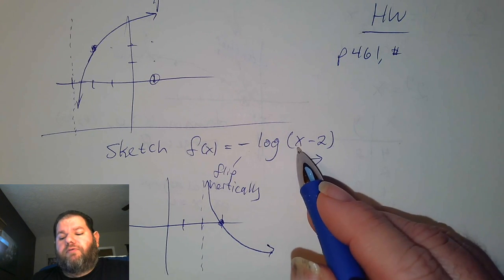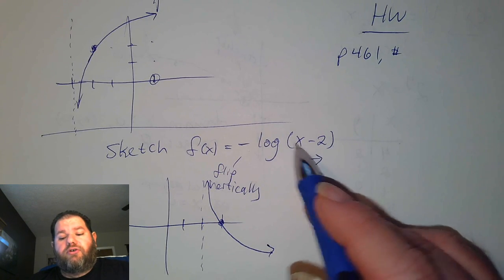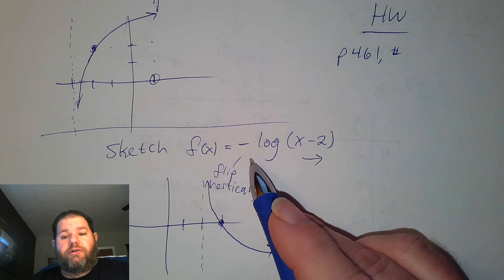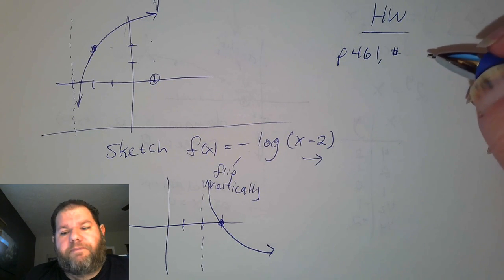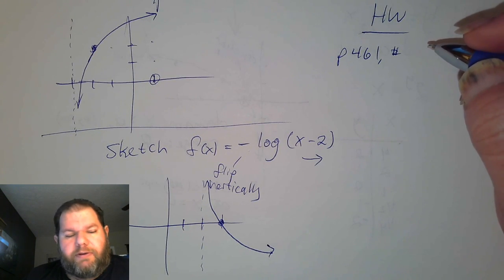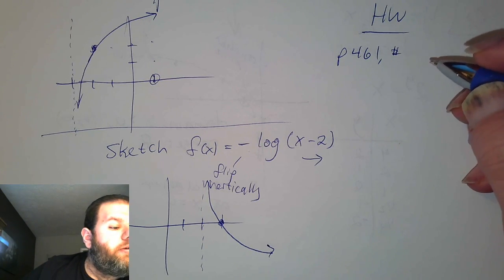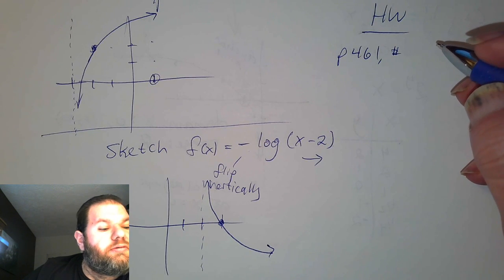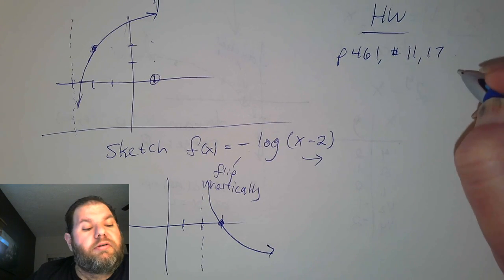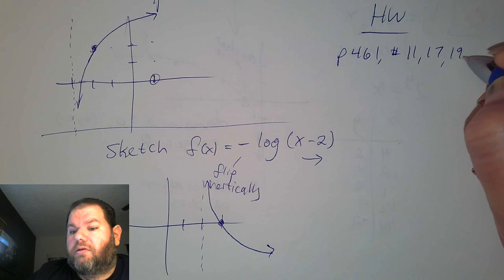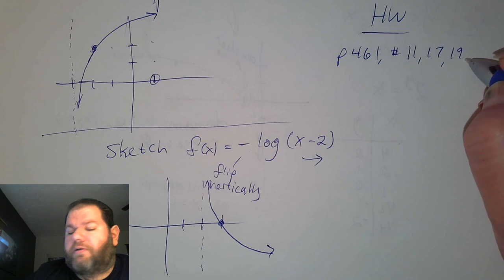But a horizontal shift would be inside the function. Horizontal reflection would be inside the function. Vertical reflection would be outside the function. But I'm pretty sure I've purposely skipped horizontal reflection all semester. Consistently. Yeah, so that'd be a vertical flip.